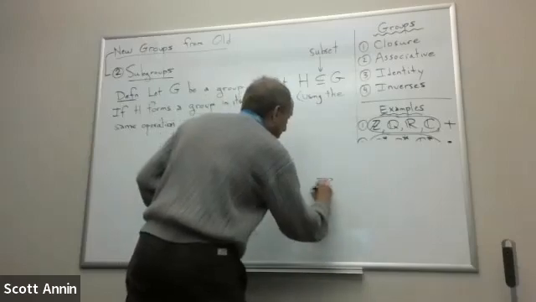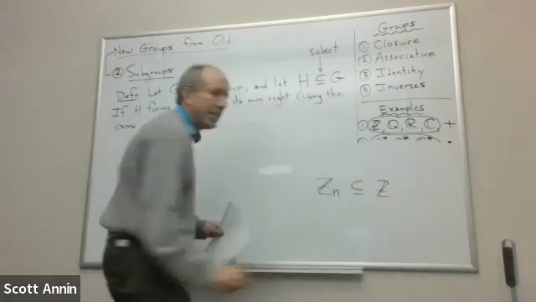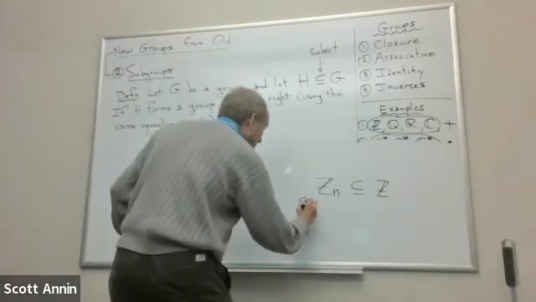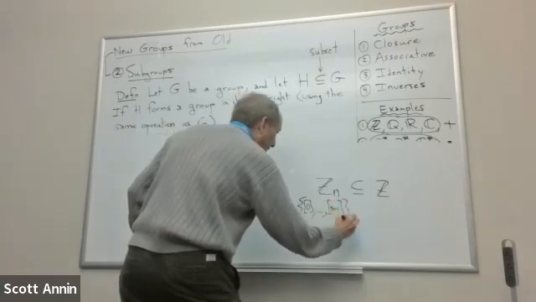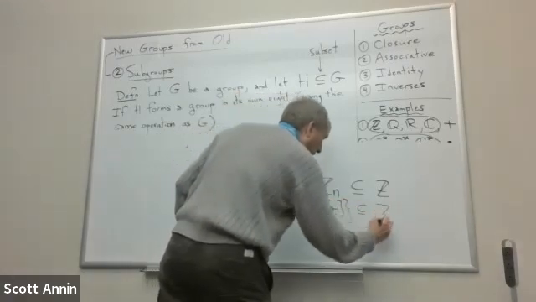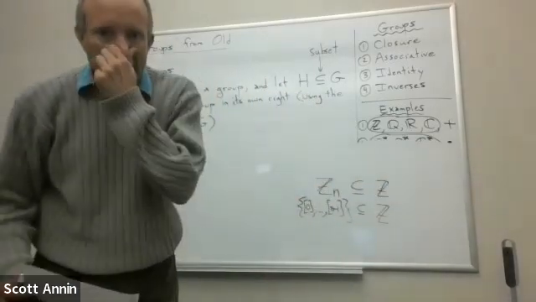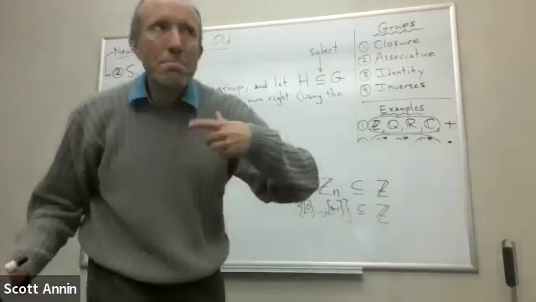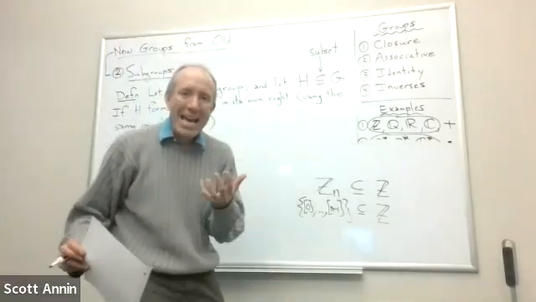So for example, some people might look at Cn and kind of think of it as a subset of C. Right, so Zn, remember those were those congruence classes from 0 up to n-1. And of course, those integers are part of the larger set of all of the integers. But the operation in Zn is mod n arithmetic, right? You're doing addition in mod n.